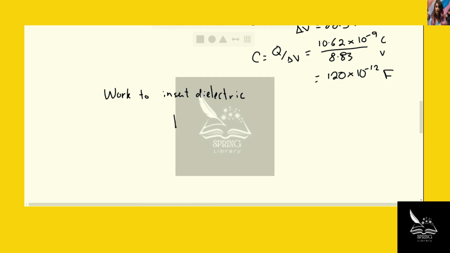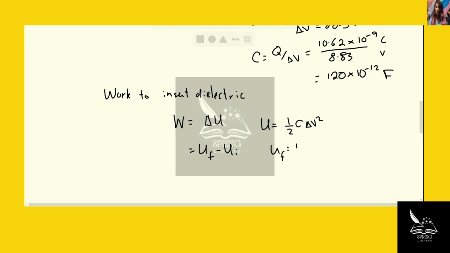So the work-energy theorem says the work done by an external agent is the change in kinetic energy, and we don't have any of that, nothing zipping around, plus the change in potential energy, which we do have. The potential energy in a capacitor is 1/2 C delta V squared, and we simply have to find the final amount minus the initial amount.